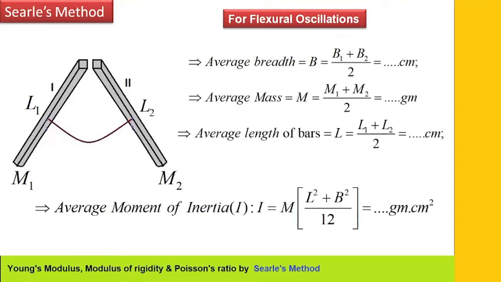Average length of bars, capital L, is equal to capital L1, the length of bar 1, plus length of bar 2, divided by 2, in centimeter. Average moment of inertia, capital I, is equal to capital M into bracket capital L square plus capital B square, divided by 12, gram centimeter square.